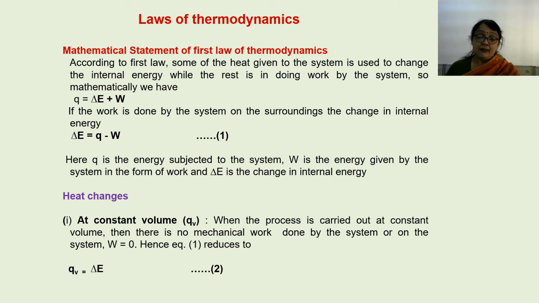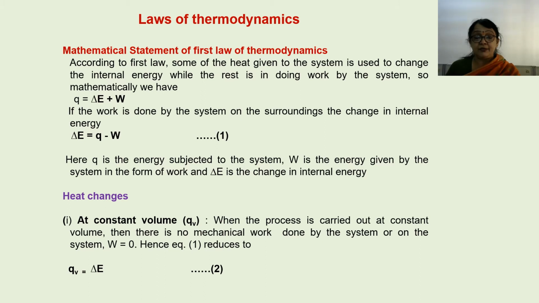Now, we calculate the heat changes at constant volume and at constant pressure. At constant volume, there is no mechanical work done by the system when the process is carried out at constant volume.